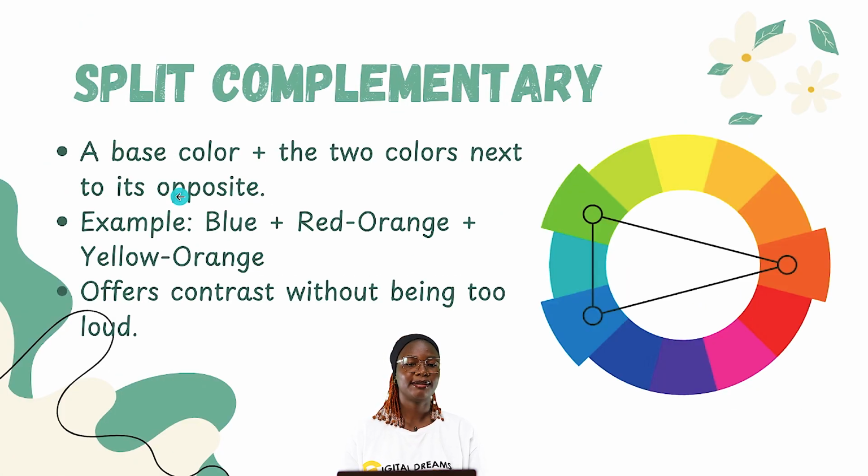Then we have split complementary. Remember that complementary colors are opposite each other. Split complementary is a base color and the two colors next to its opposite. So you pick a base color and then the two colors next to its opposite. If it was complementary, we would have just picked this particular color right here, but since it's split complementary, we pick the ones that are next to it.